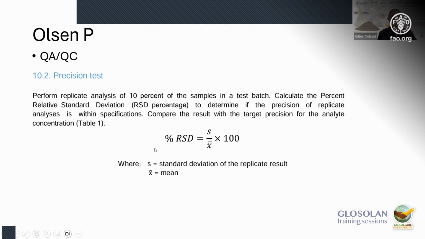But you have to know how much variability you have, and here you will calculate variability in relative percent as the standard deviation of the replicate results divided by the mean.